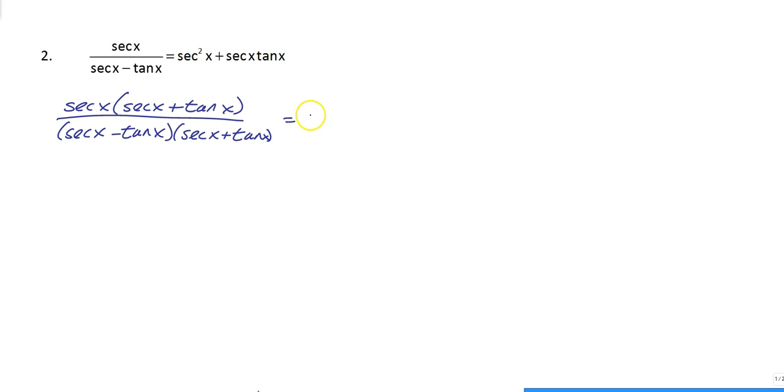And that, of course, is equal to our given. And now you need to look at what you can do here. So I would FOIL the denominator and distribute the secant x to the numerator. And that's going to give us secant squared x plus secant x tangent x.